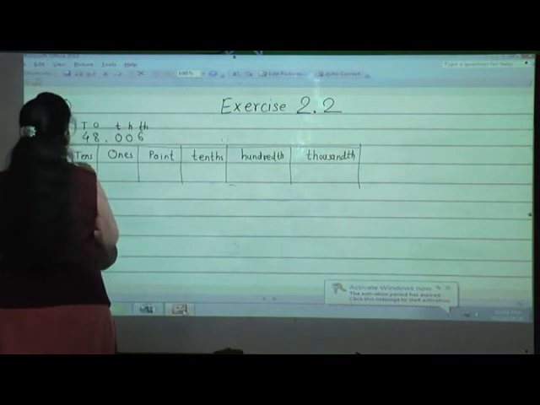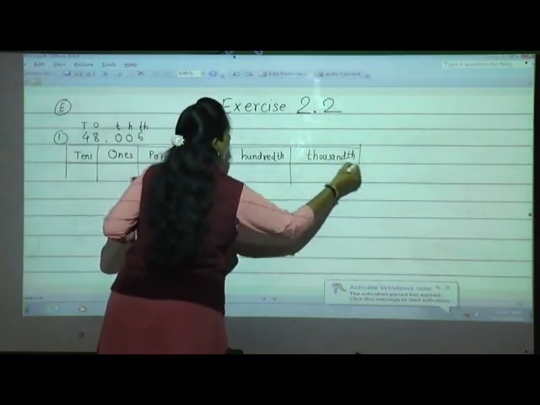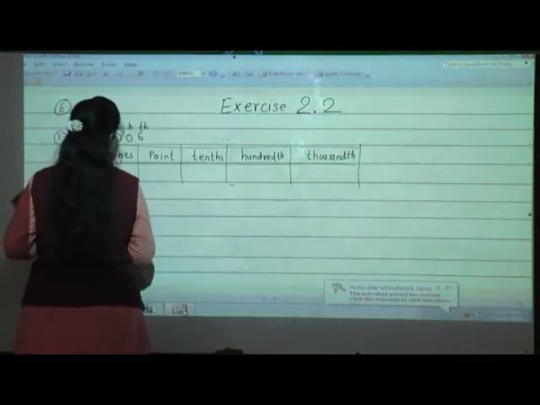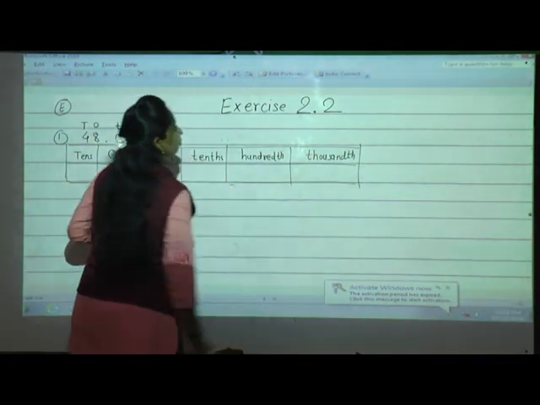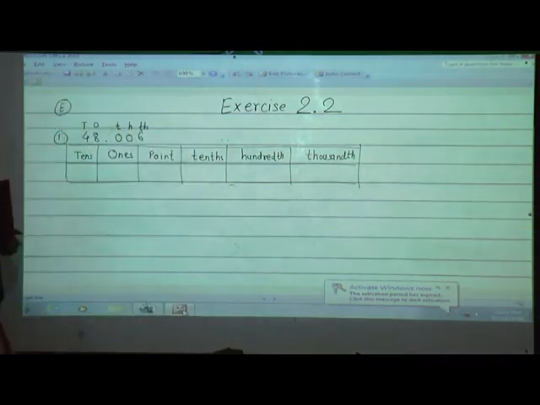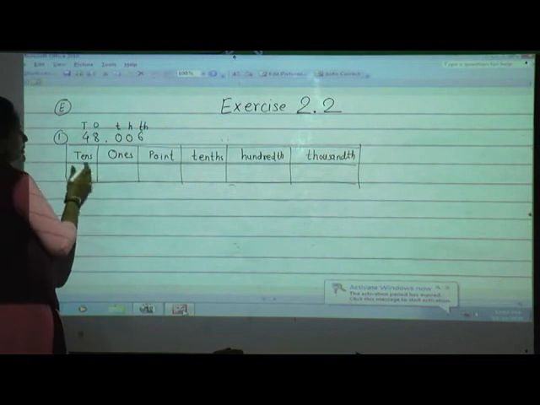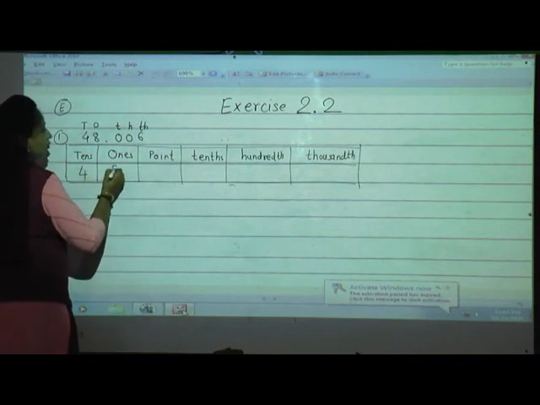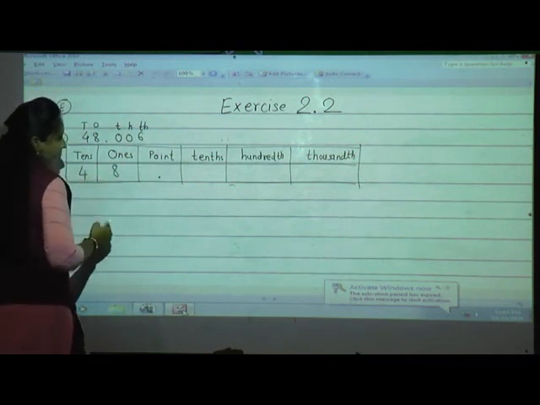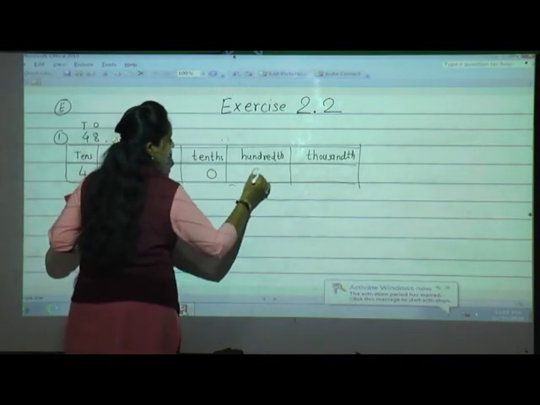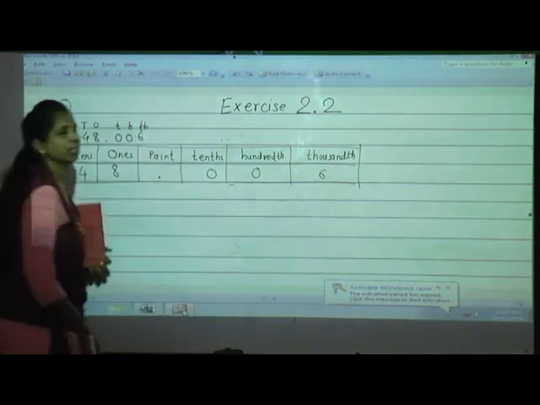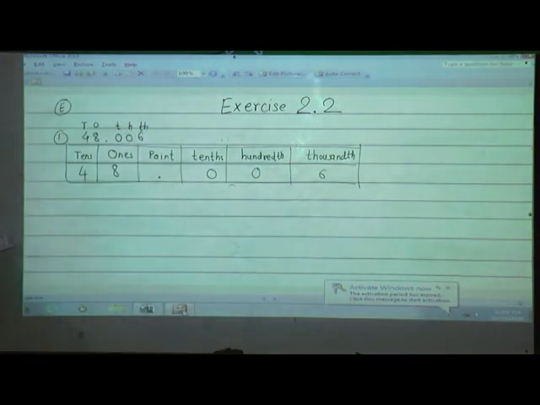Draw proper line with the pencil. Make proper place value chart in this way, and now place the numbers in the place value chart. 48.006 in this way.